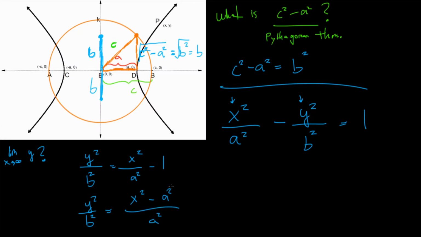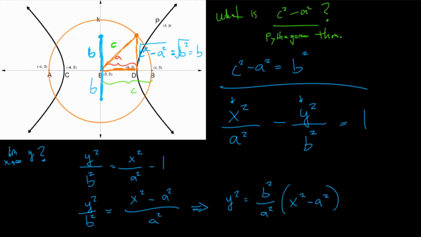These two equations are equivalent. Let's continue. Let's multiply both sides by b squared. So y squared is equal to b squared over a squared times x squared minus a squared. And then let's take the square root. So now I'm going to take this to the next page.